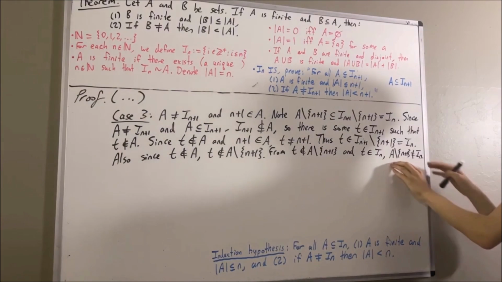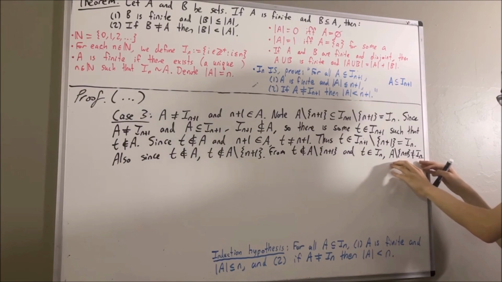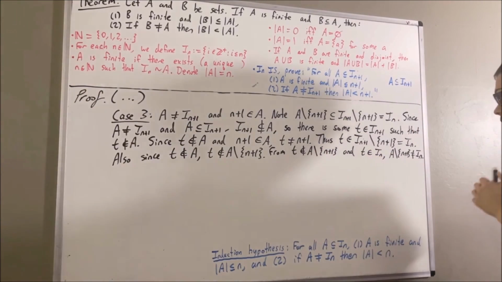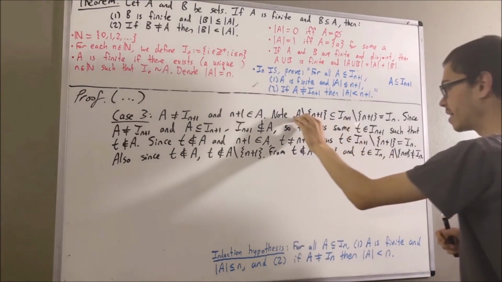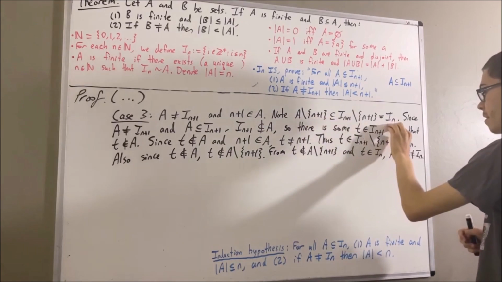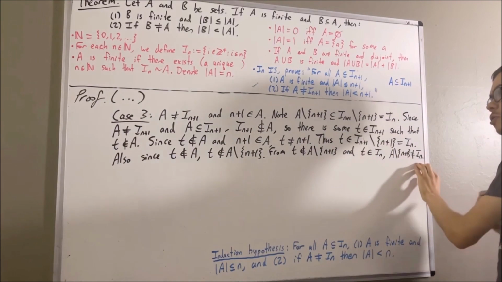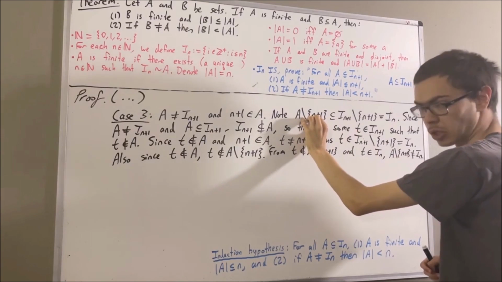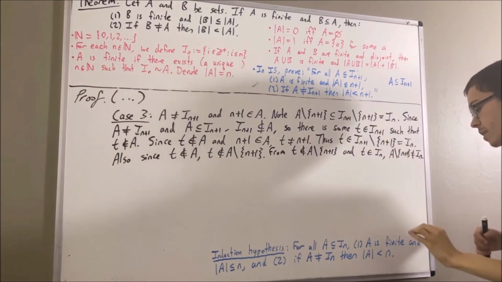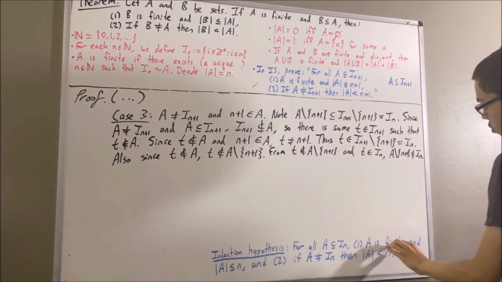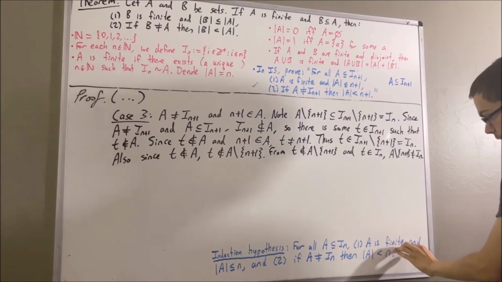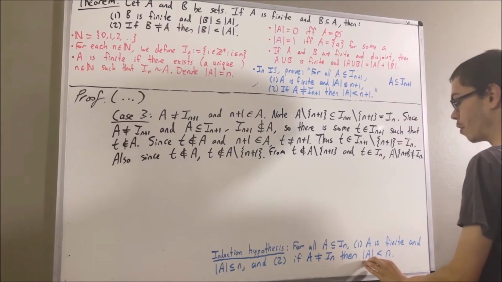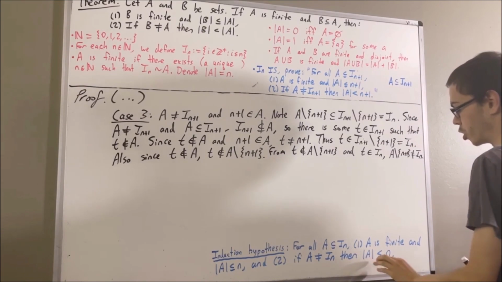Because they don't share exactly the same elements. Namely, one of them has T, one of them doesn't. So, we see that A set minus N plus 1 is a subset of IN, but not equal to IN. So, we can apply our induction hypothesis to A set minus N plus 1. And we obtain that A set minus N plus 1 is finite, and since A set minus N plus 1 is not equal to IN, it follows that the number of elements in A set minus N plus 1 is strictly less than N.